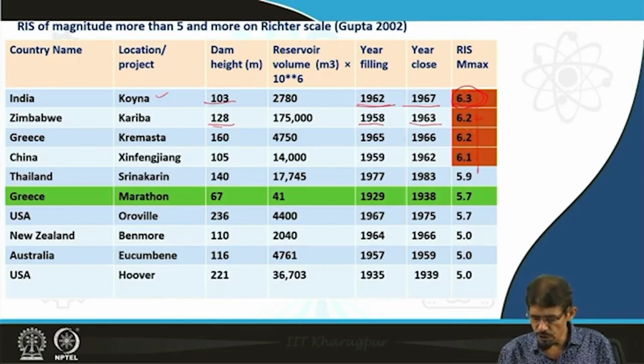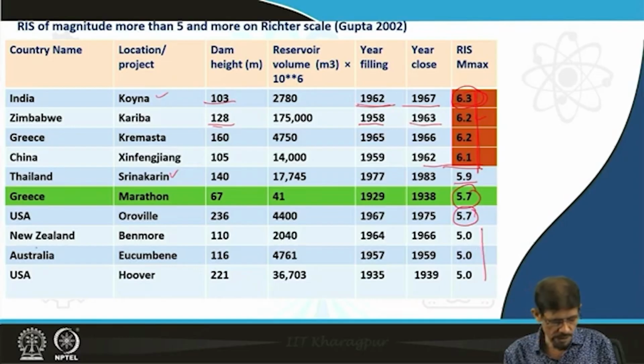So these dams have generated RIS of magnitude more than 6. However, one of the projects, Srinagarind in Thailand, has produced 5.9. Then the Greece Marathon has produced 5.7. Similarly, in USA, Oroville also.